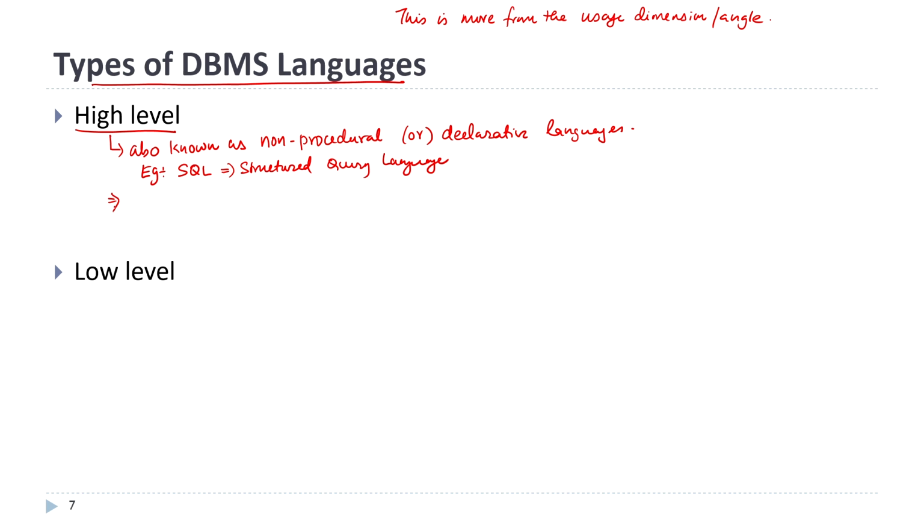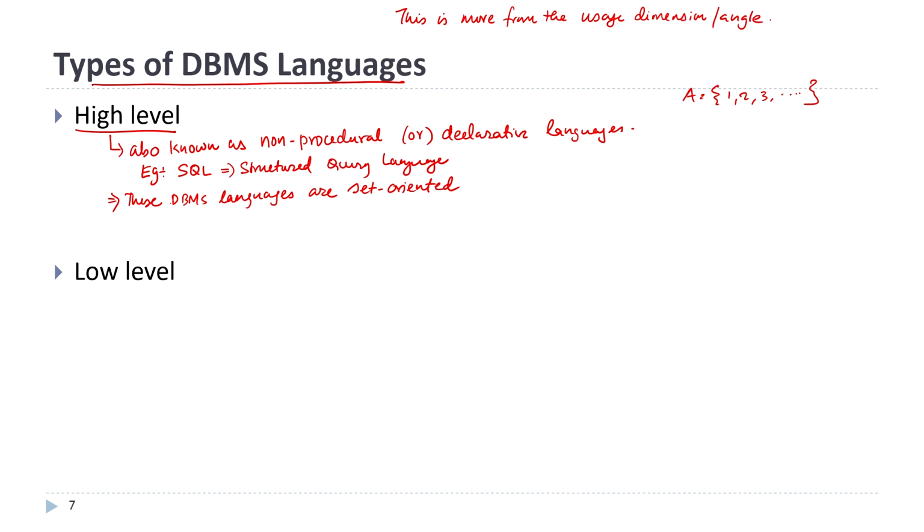These DBMS languages are set oriented. It is oriented towards a set. Set means, you remember what a set is. Set A is equal to a collection of, so something like this. This is a numerical set and stuff like this.